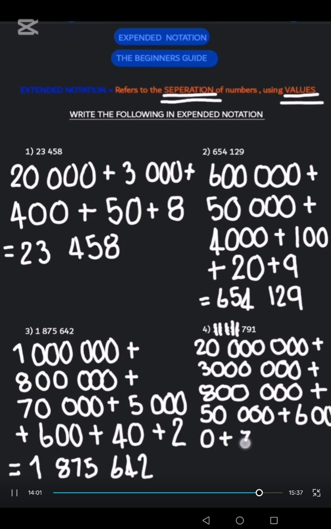Then we see that our next number is 7. And we look at how many digits on the right hand side of 7, and we change them to zeros. Then our next number is 9. And then we look at how many digits are on the right hand side of 9. We change them to 0. We add a positive sign and we write down 1.